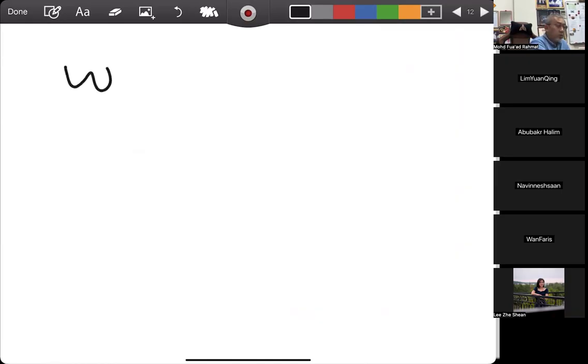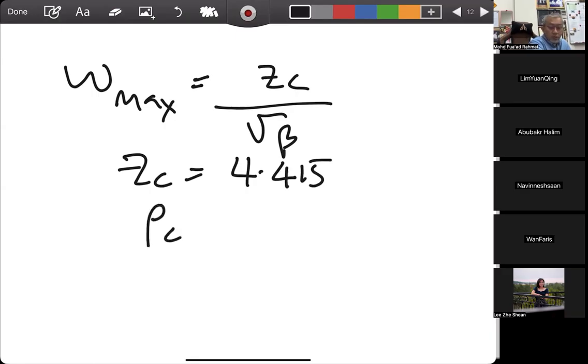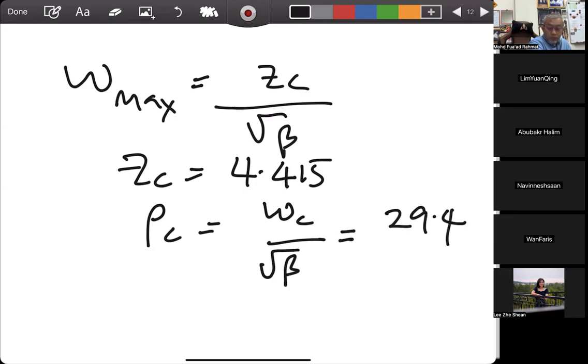So omega max is equal to ZC times square root of beta. So ZC you will get 4.415, and PC, using the formula at the attachment of the exam paper, PC equals ZC over beta, you will get 29.4.